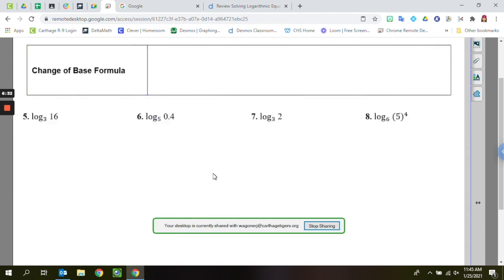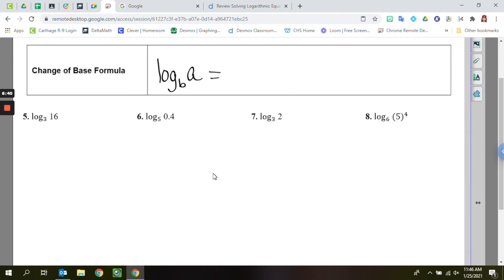So your change of base formula. If we have log base b of a, that means it's the log of a over the log of b. Change of base says we can make this any base we want. So I certainly can do log base 2 of a over log base 2 of b.